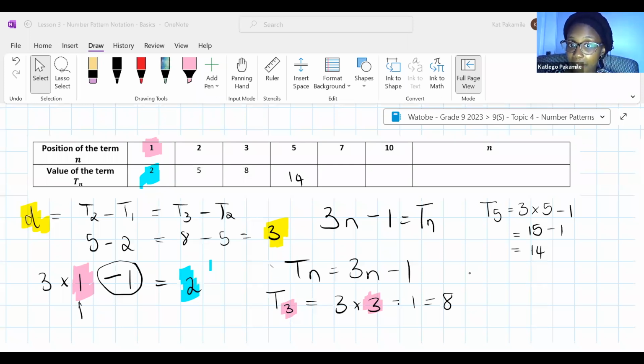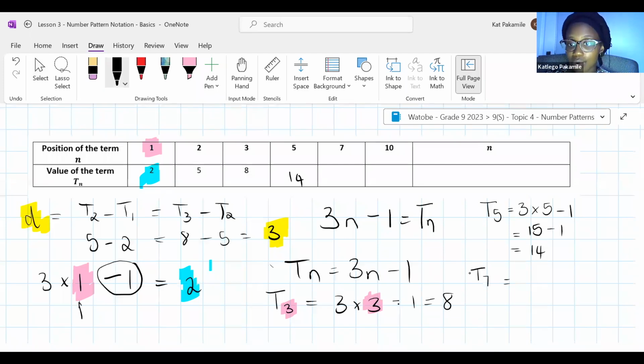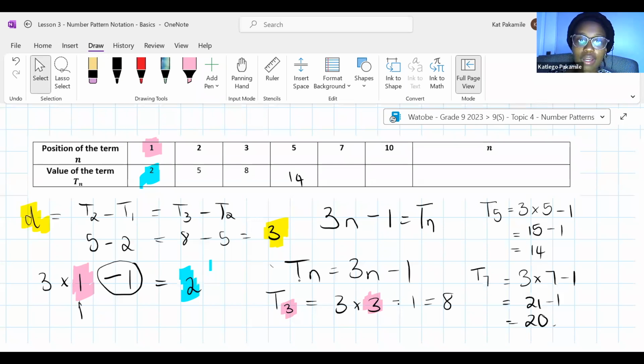Remember to first say T7. So term number 7 equals 3 times 7 minus 1. And how much is that? It's 20, because 21 minus 1 will give you 20. Thank you very much.